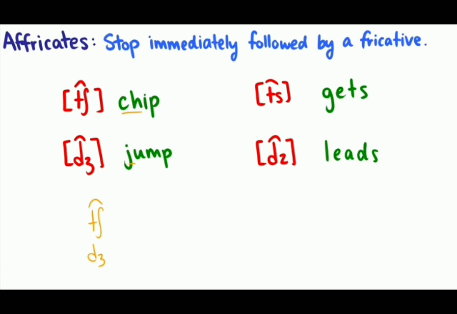The other two we have in English are ts and dz, as in "cats" and "beds." Now these are affricates and they only occur at the end of words in English, but you can tell by how quickly they're pronounced together. Compare, say, the ks in a word like "leaks."